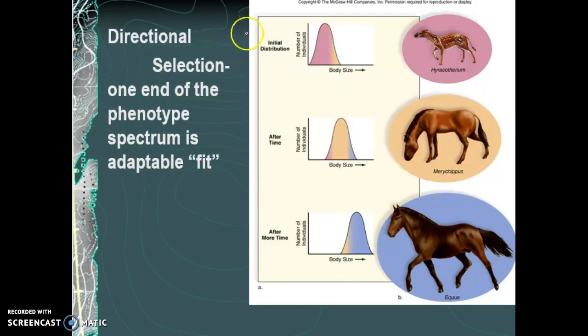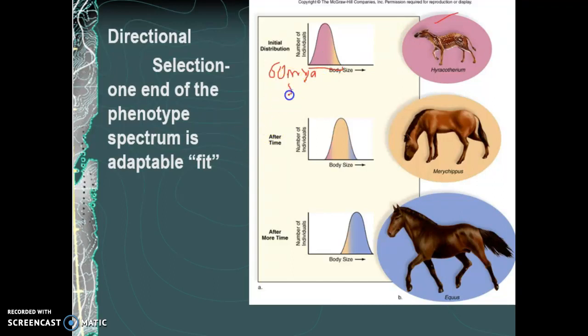About 60 million years ago, the ancestor to the horse was this little creature called Hyracotherium, this guy right here. And their body size was fairly small. There's our spectrum. Yeah, there were some really tiny, some bigger, but this is the rough bell curve for horses 60 million years ago.